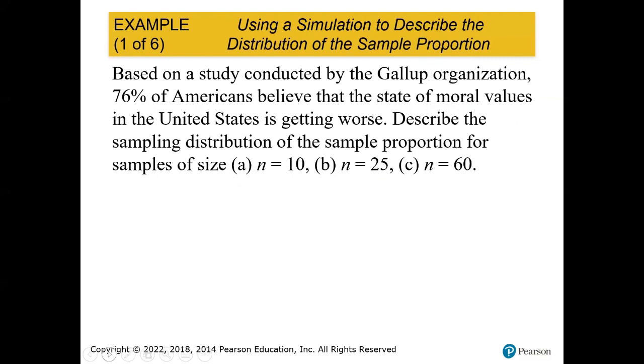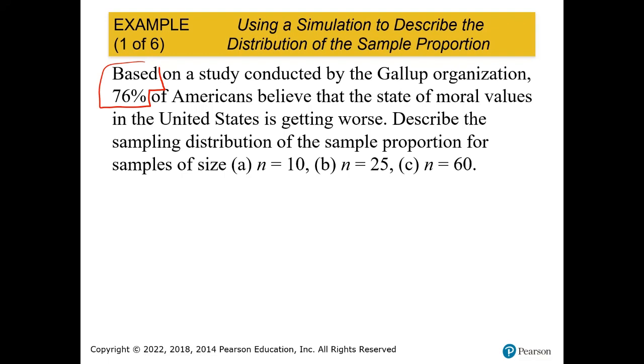Based on a study conducted by the Gallup organization, 76% of Americans believe that the state of moral values in the United States is getting worse. Describe the sampling distribution of the sample proportion for samples of size 10, 25, and 60. Okay, so the original information here, that's 76%, is when we compile all Americans together.